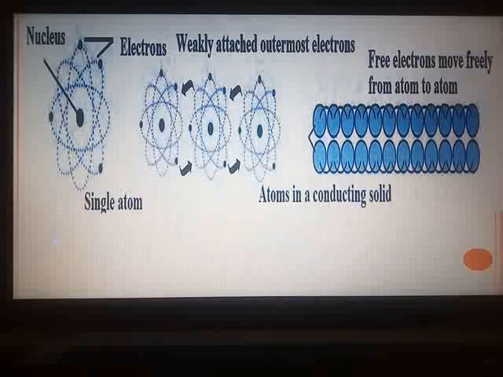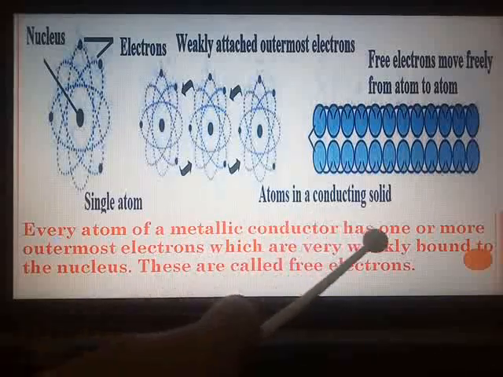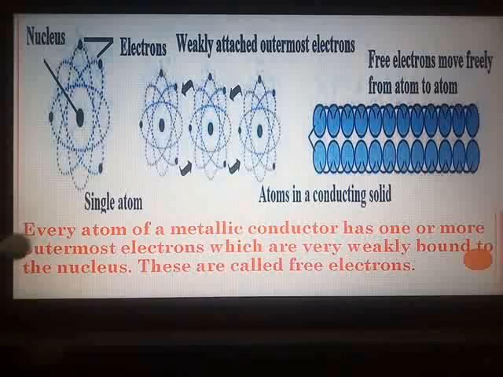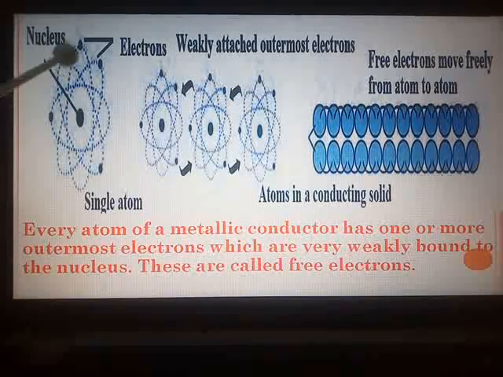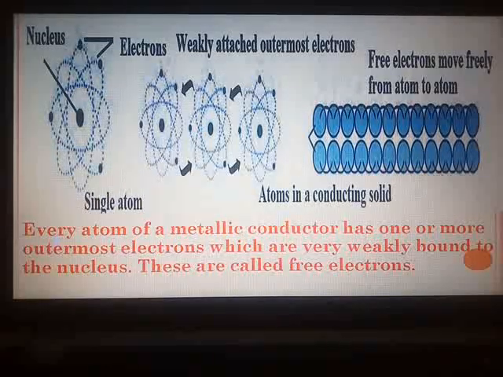You know that a metal is formed from different atoms of that particular substance. So every atom of a metallic conductor has one or more outermost electrons which are very weakly bound to the nucleus, and being weakly bound to the nucleus, they are free to move about in the conductor and are called free electrons.